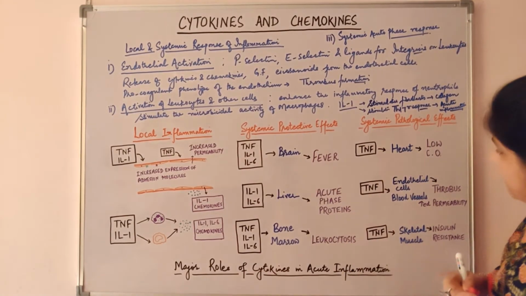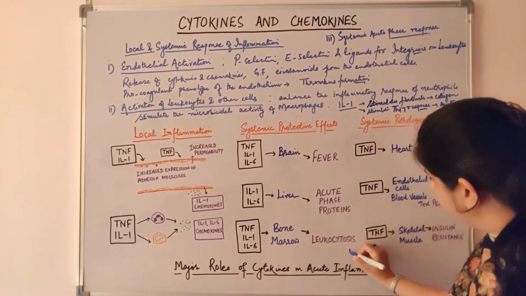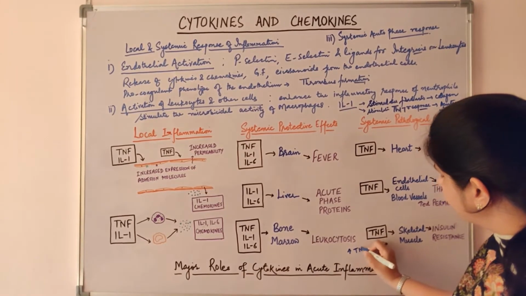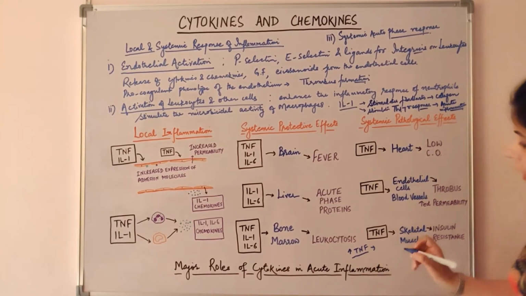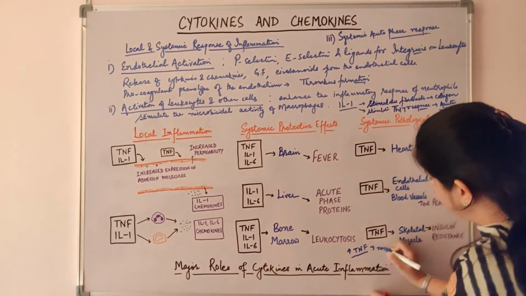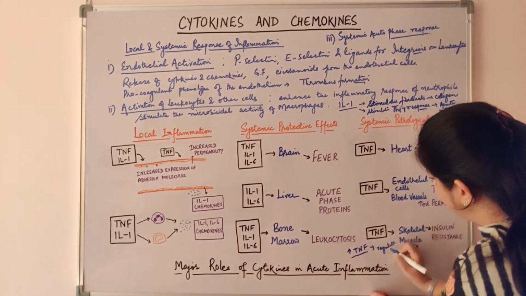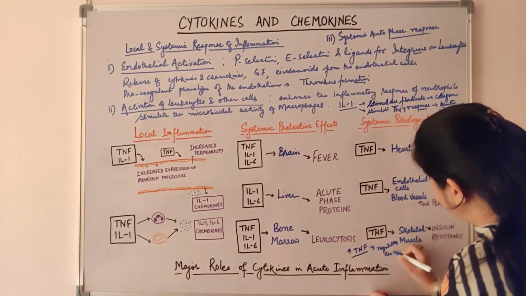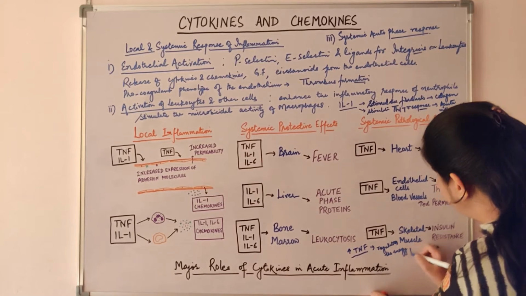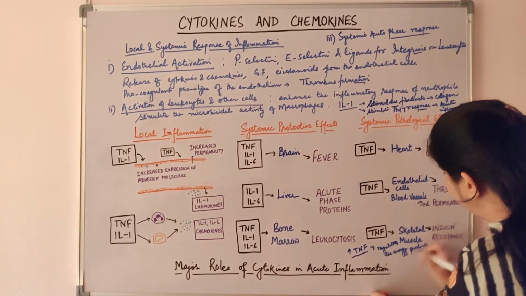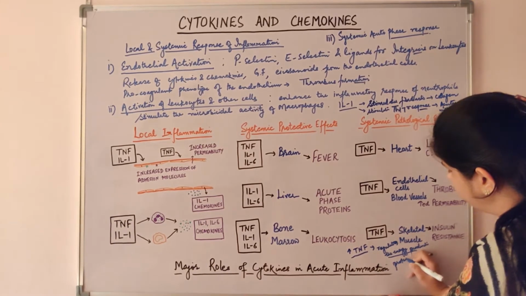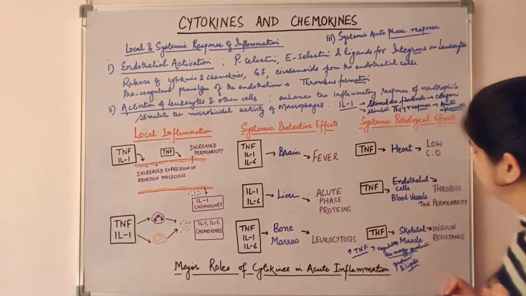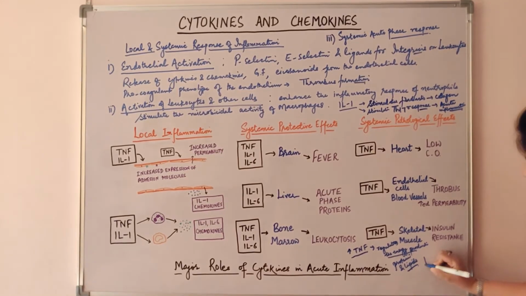Now if there is sustained increase in the TNF levels, so what is the action of TNF? It regulates the energy production. So it mobilizes the protein and the lipids for energy production, and it suppresses appetite.